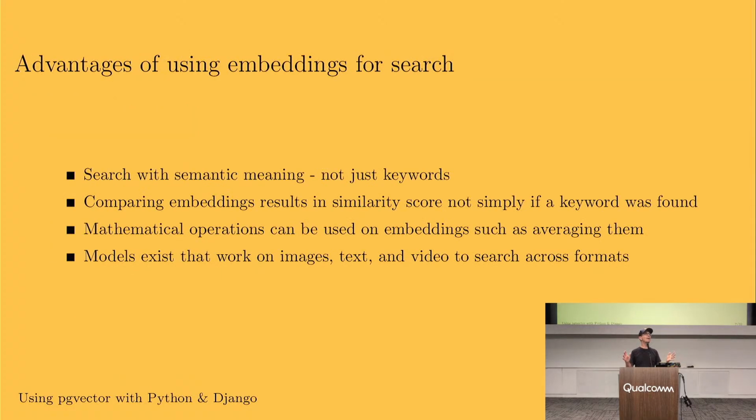And I wanted to talk about why you should care about this, because it has a number of advantages over regular old plain text search or using keywords. Firstly, as we saw with the countries and capitals example, this encodes some semantic meaning into your search.